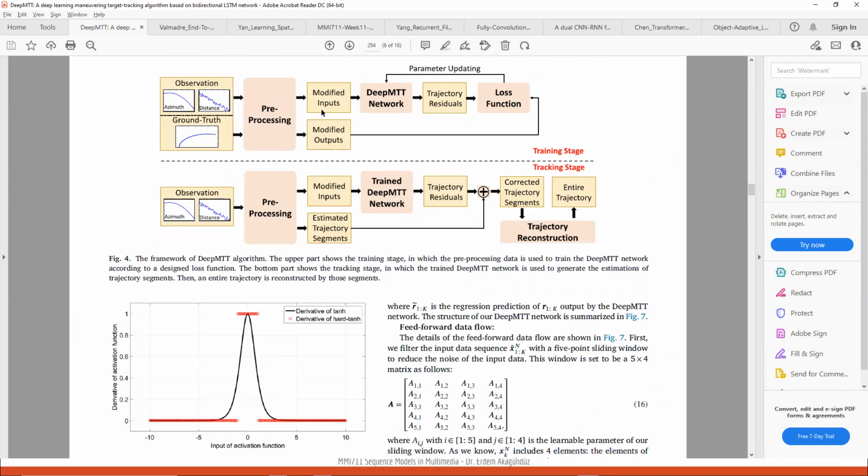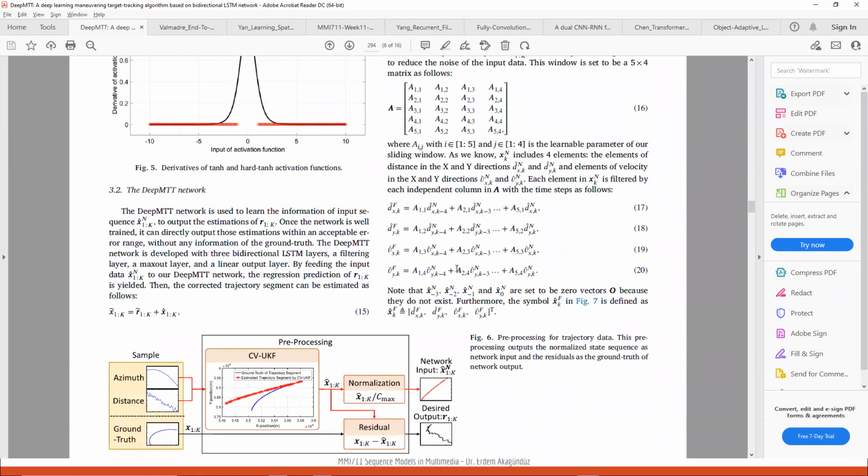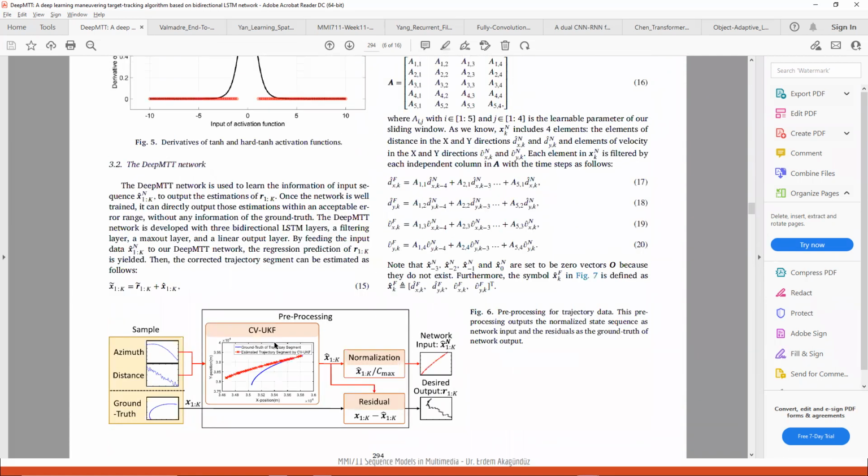What we're interested in is, we have the input, we have a deep MMT, and I'll get to that deep MMT, guys. This is the pre-processing part, as you can see. The output is actually not detections only, but trajectories, because you can easily put those candidates into trajectories.